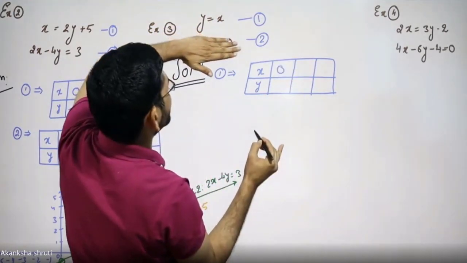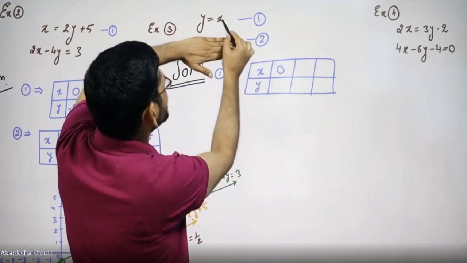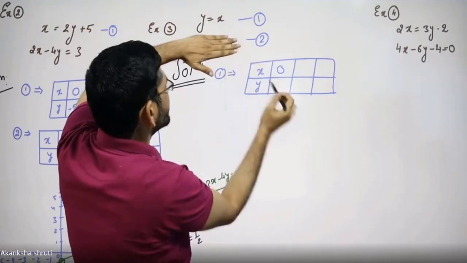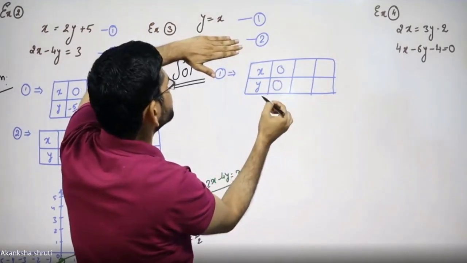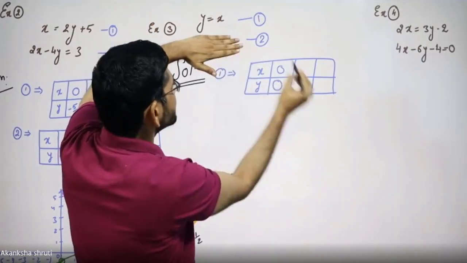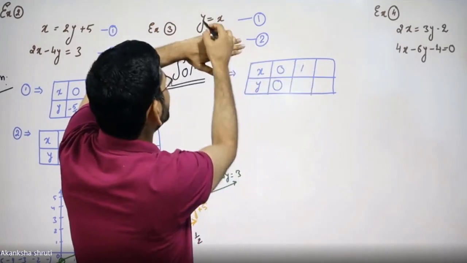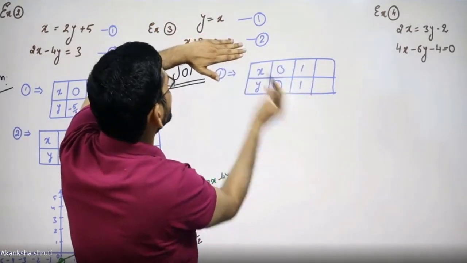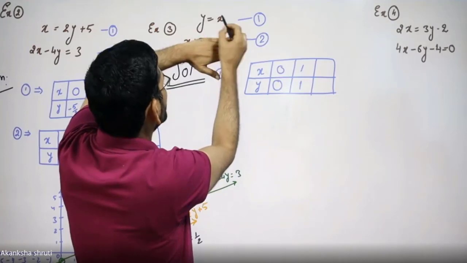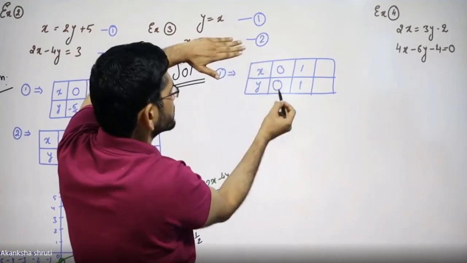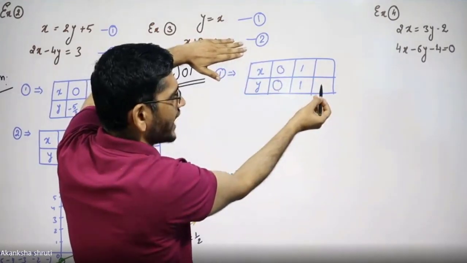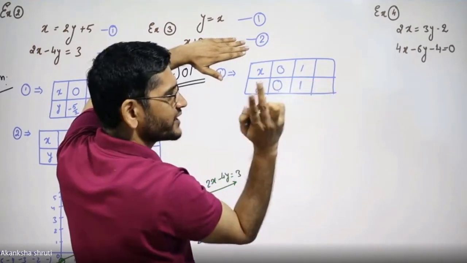Take x is equal to 0. You have assumed the x value as 0. What is your y value? The y value is also 0. Take the x value as 1. What is the y value? The y value is 1. Take the y value as 0, the x value is also 0. So it will give the same, so no need to rewrite this as 0 and 0. Be careful.